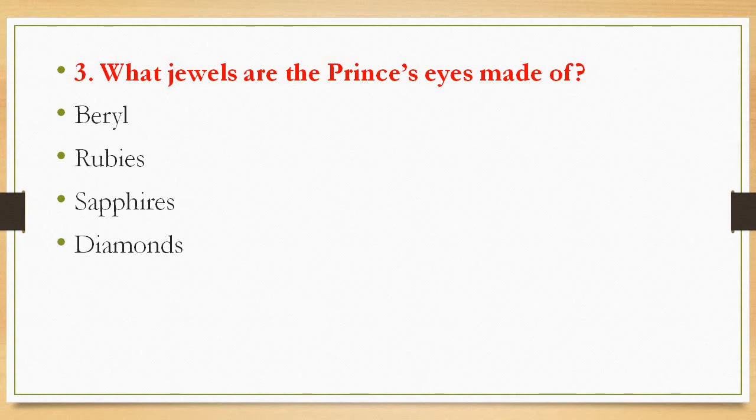The statue is made of that metal, and his eyes are made of some ornament, and his body is covered with gold petals also. So, when we go through the text of the story, we come to the right answer to this question, that his eyes are made of sapphires. So, sapphires is the correct answer.